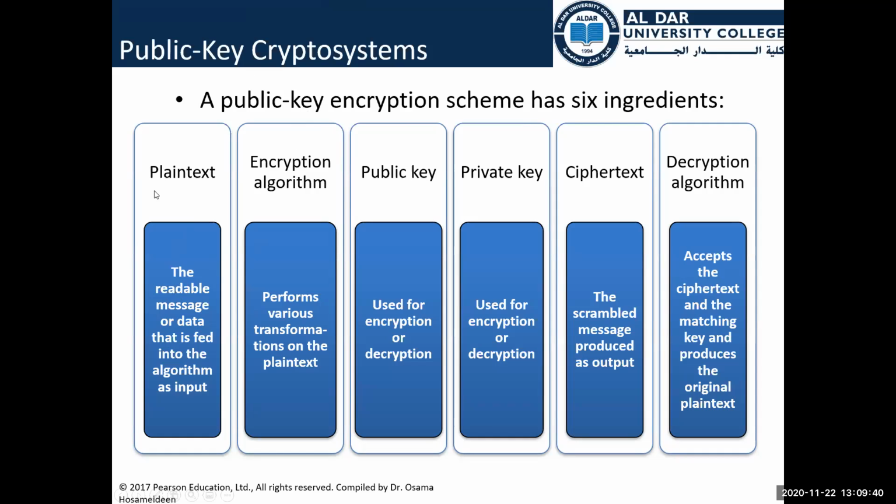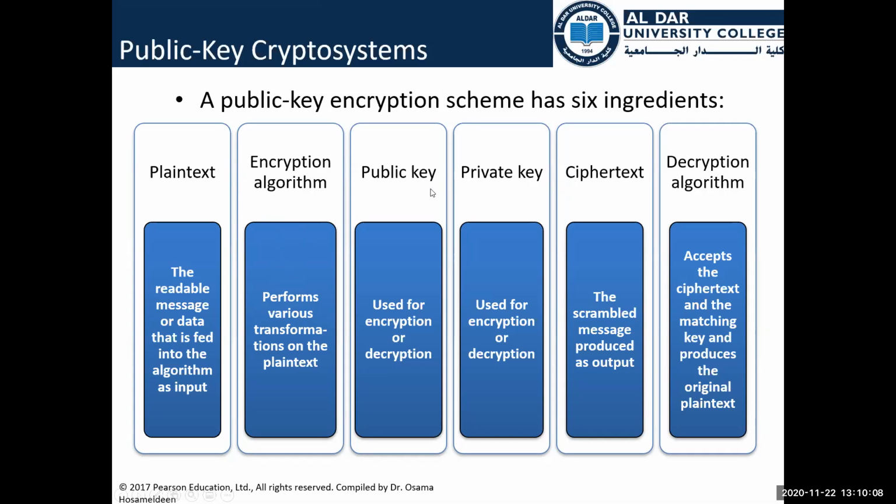This is plain text. The second one is the encryption algorithm. The encryption algorithm means the transformation that is done on the plain text to come up with the ciphertext.